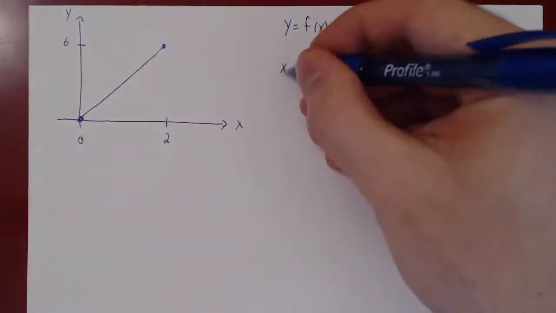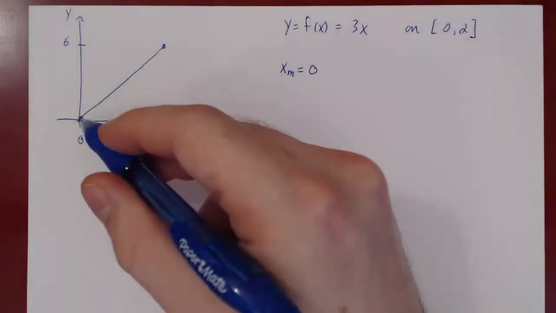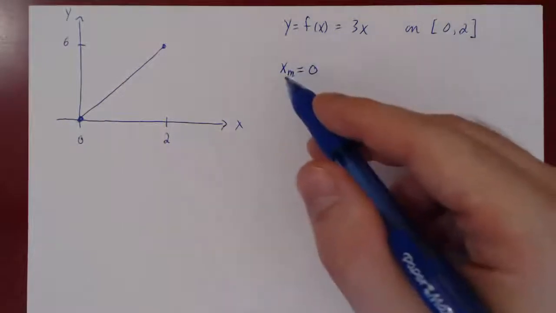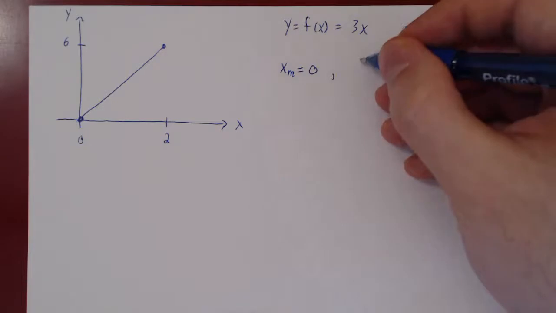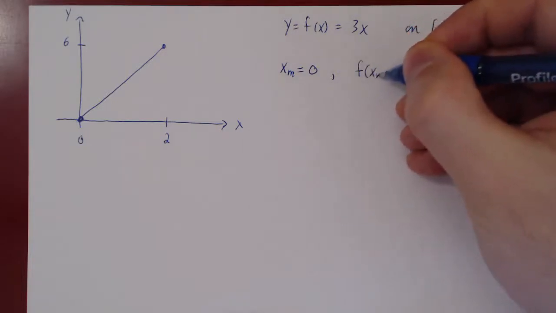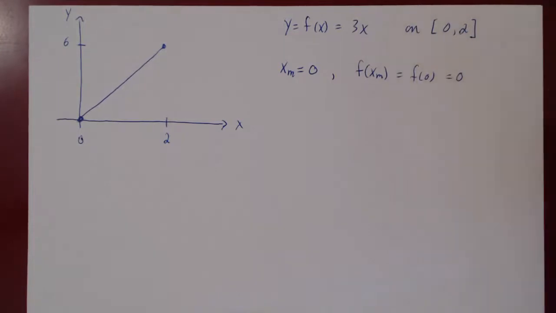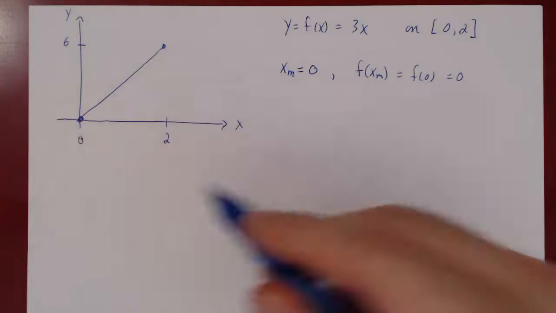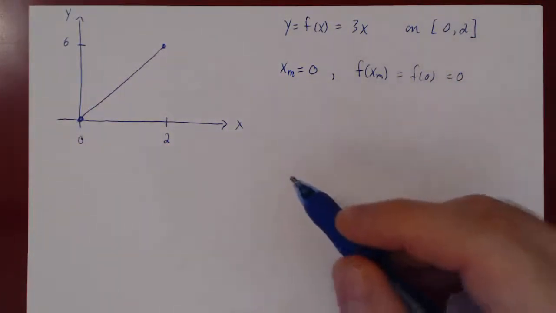And you can clearly see that x_m, the absolute minimum, is equal to 0. At this point, the function attains its minimum value. So this is our absolute minimum. And the minimum value of the function is, of course, f of this point, which is f of 0, which is simply 0. So x equals 0 is our absolute minimum, and the minimum value attained by the function is 0.